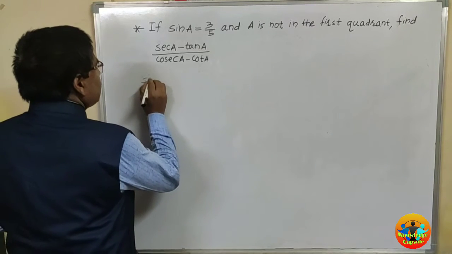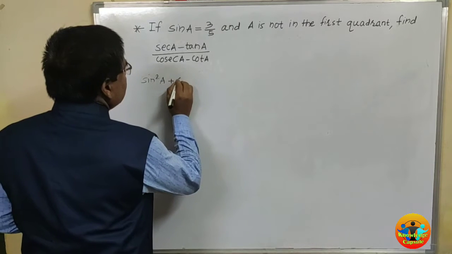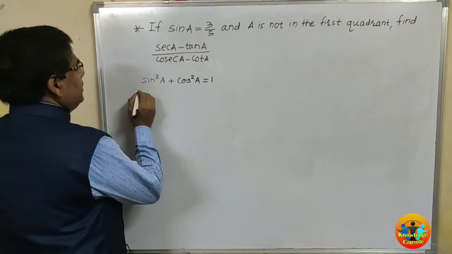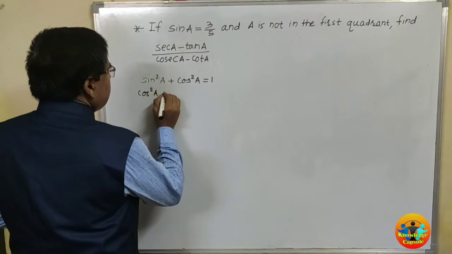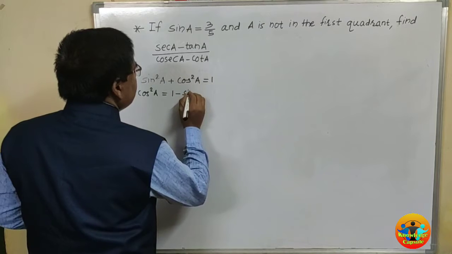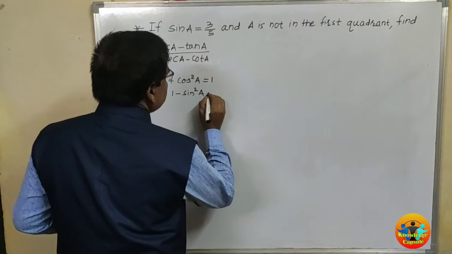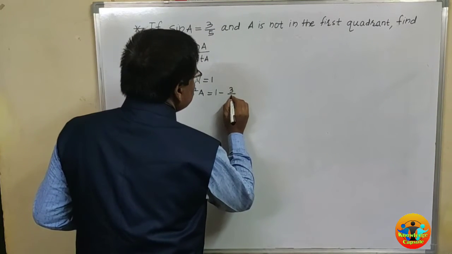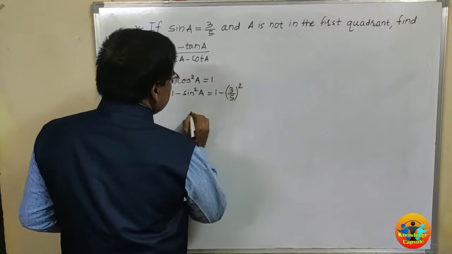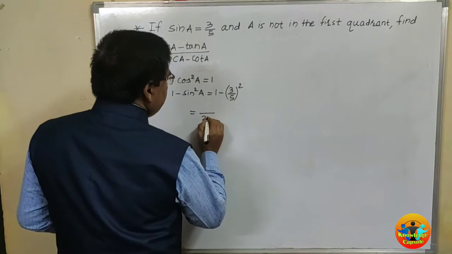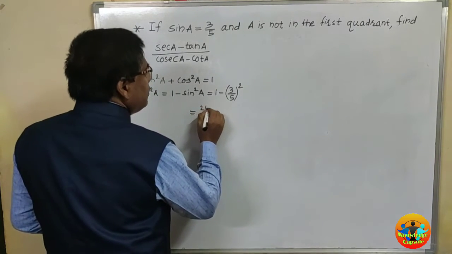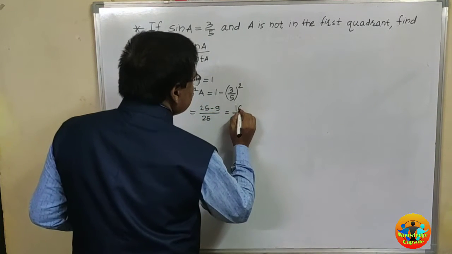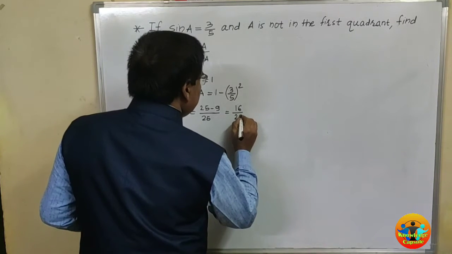Sin square A plus cos square A is equal to 1. Then cos square A is equal to 1 minus sin square A, which is 1 minus 3 by 5 whole square, equal to 25 minus 9, that is 16 by 25.